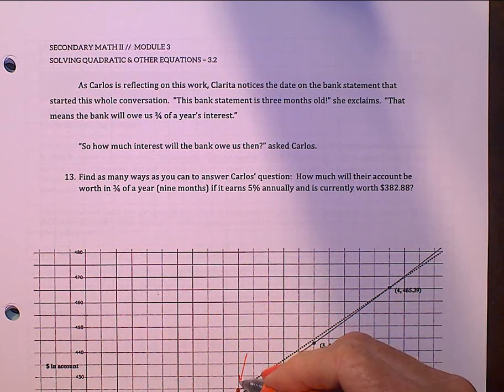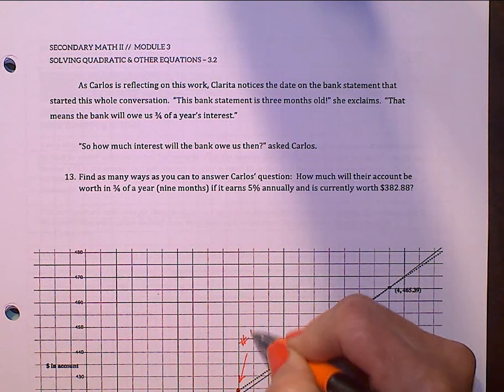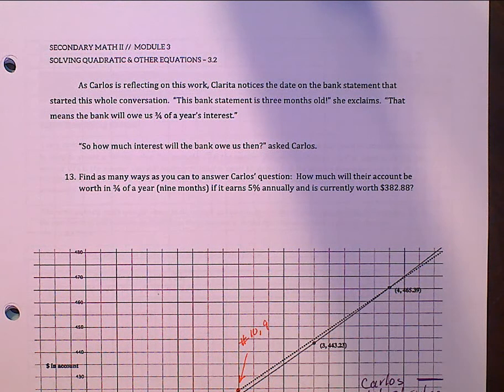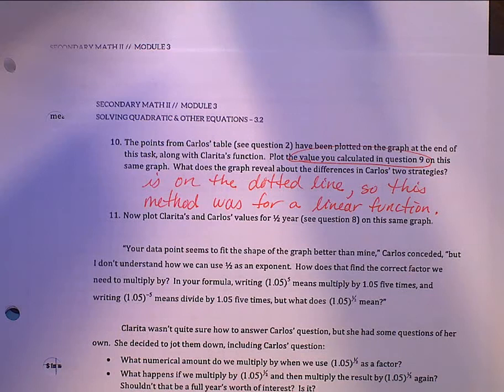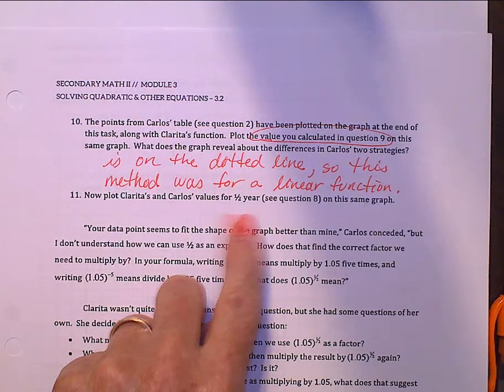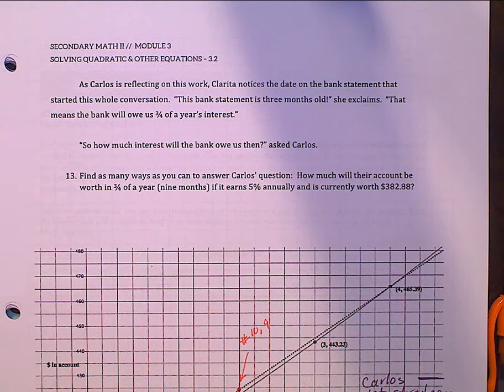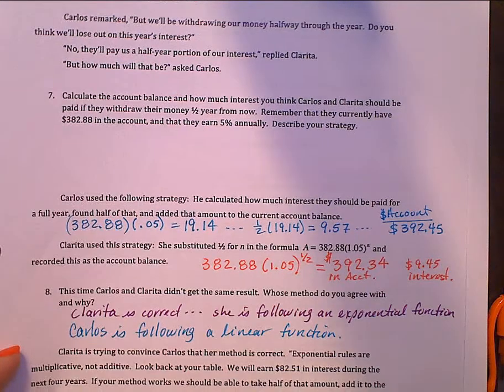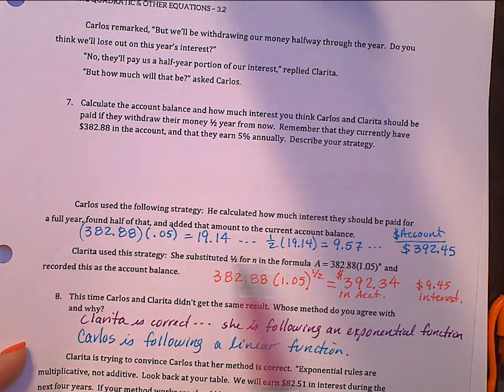That's for question number 9. Number 11 says for the half year, which was question 8. So for the half year we have to go back. I'm so sorry, I hate all this flipping pages, it drives me bananas.